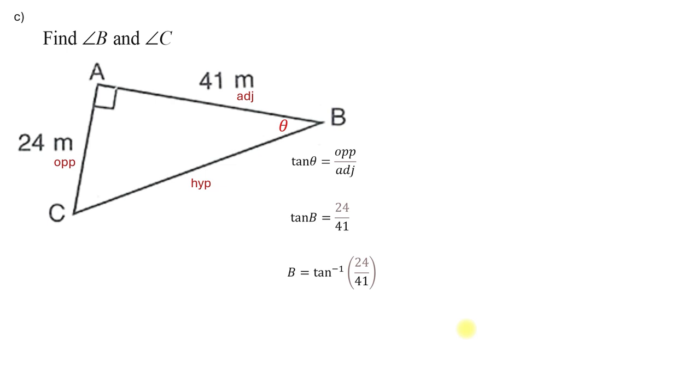Entering those into our calculator will give us an angle of 30.3 degrees for angle B. Once again, adding angle B and the right angle A together, subtracting that value from 180, leaves us with 59.7 degrees for angle C.